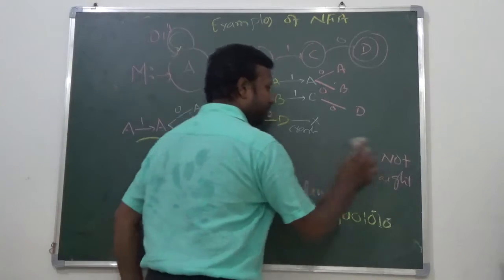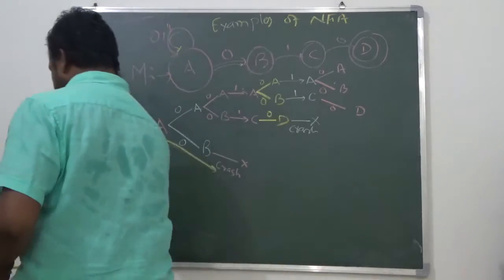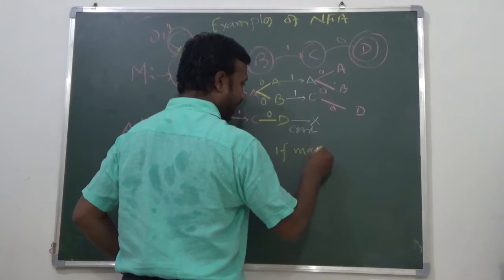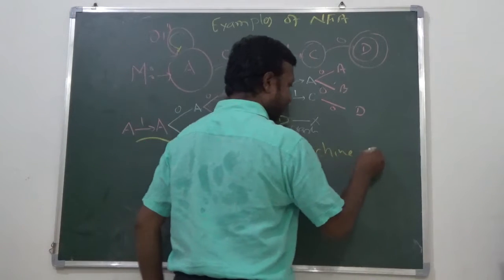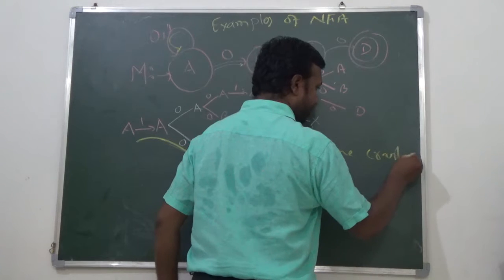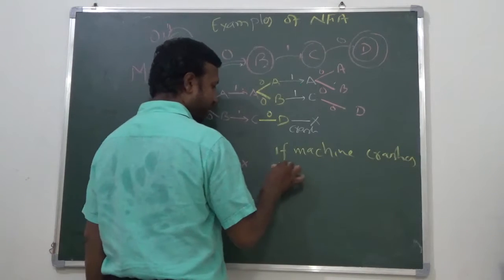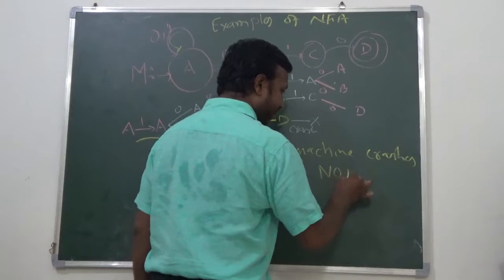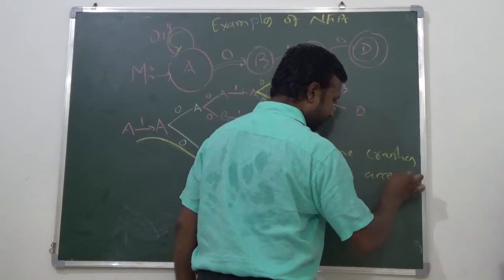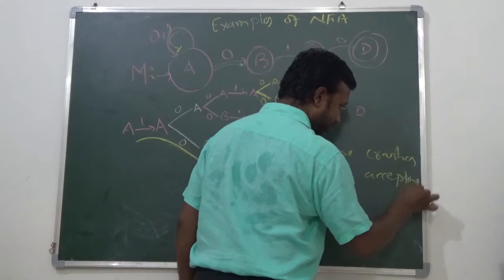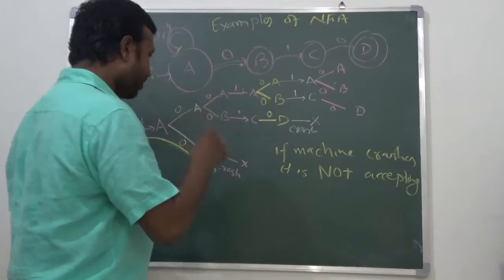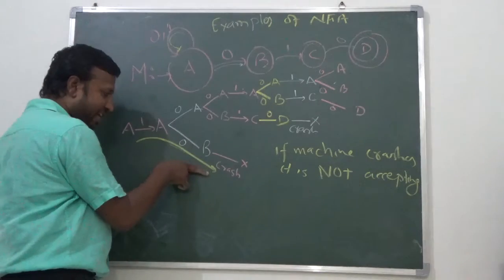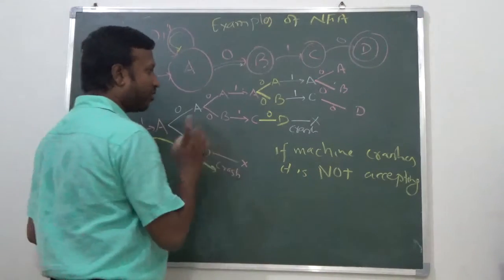So one rule: if the machine crashes, then basically it is not accepting the input. Fine. So if the machine is going in this direction, then it will crash and it will not accept.